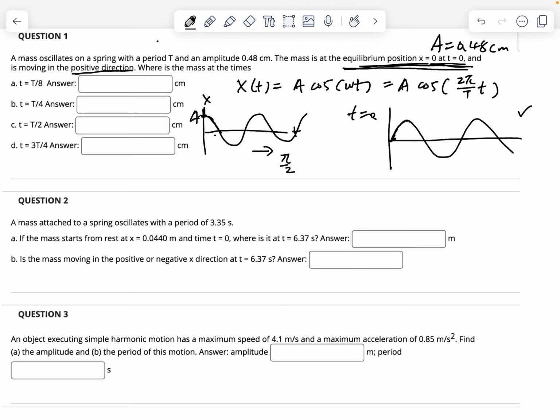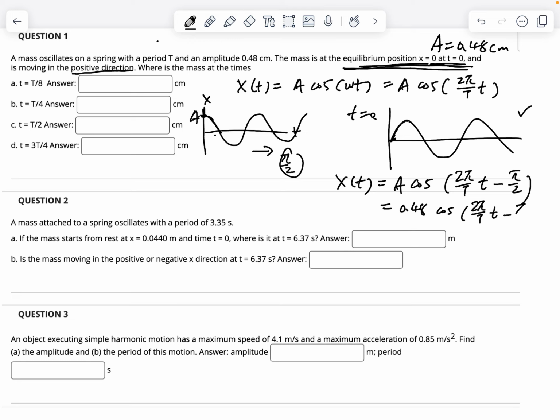If this is the right curve, then we have to modify the equation. If you move to the right by pi over 2, the whole thing changes: 2 pi over T, shifted right by pi over 2. So the equation is x equal to 0.48 cosine of (2 pi over T t minus pi over 2).